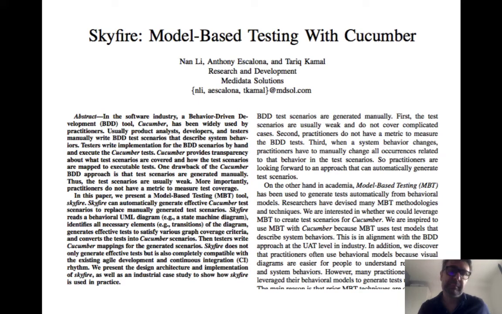This is a paper about a tool called Skyfire, model-based testing with Cucumber, which is a BDD tool, a behavior-driven development tool, written in Ruby, which is the underlying language, but it has found use in testing of other systems. And behavior-driven development is basically that you want to write what the system should do, how it should behave, at a very high level.